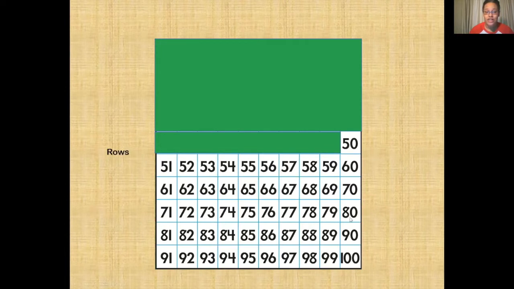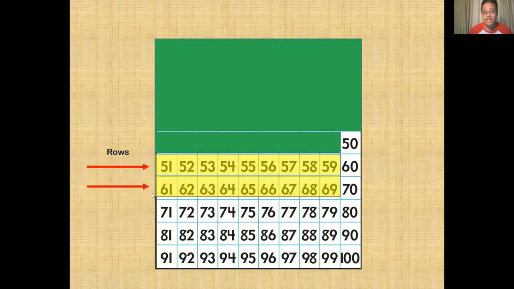Those are your lines that go from left to right. So this row is called 50s row because it's 50 and then it goes 51, 52, 53, 54, 55, 56, 57, 58, 59. And then 60, and this row is called 60s because it all begins with the number 6.